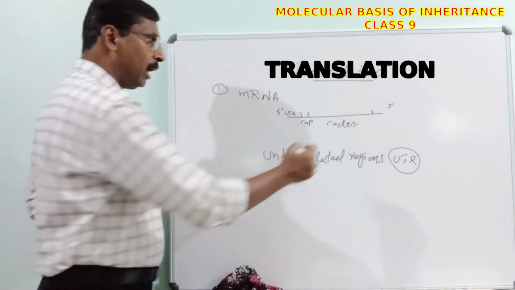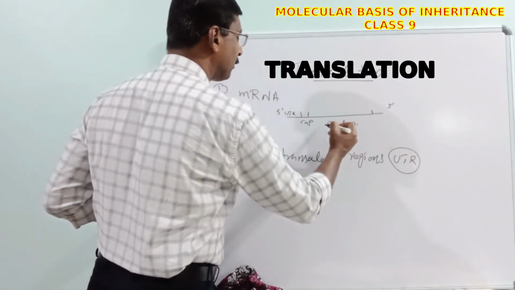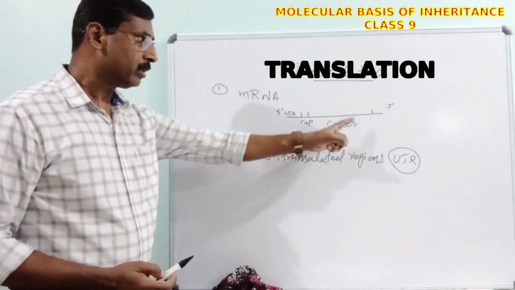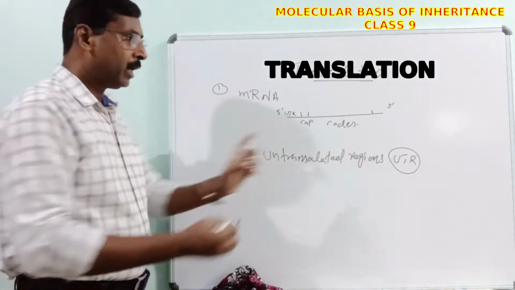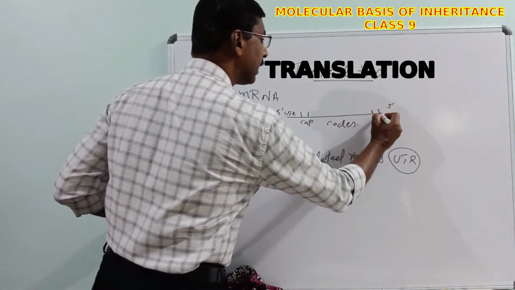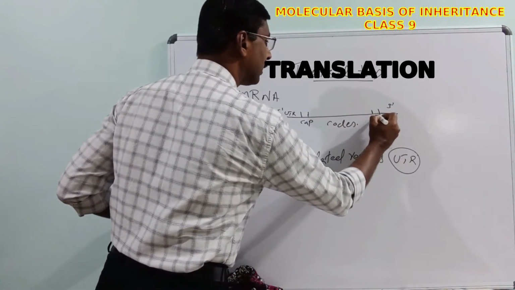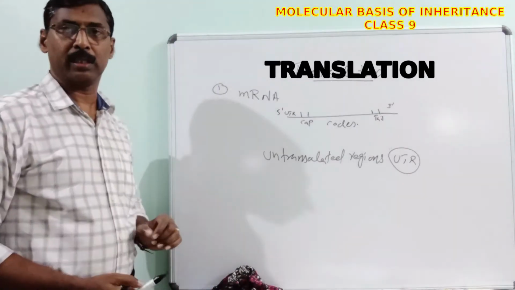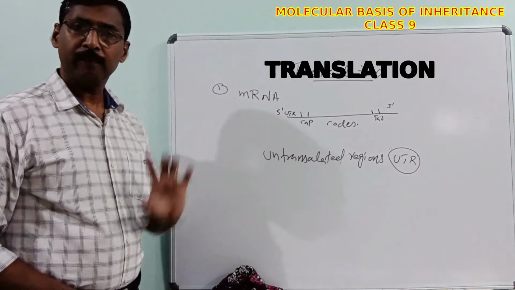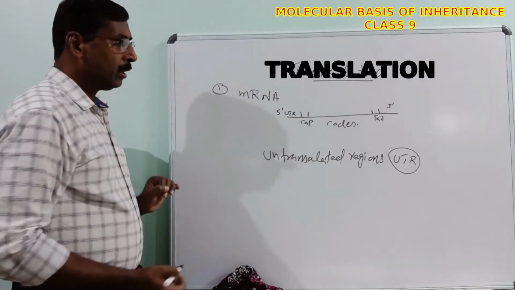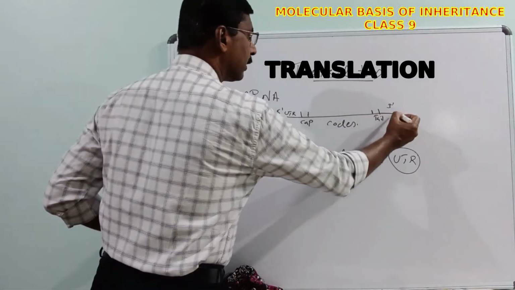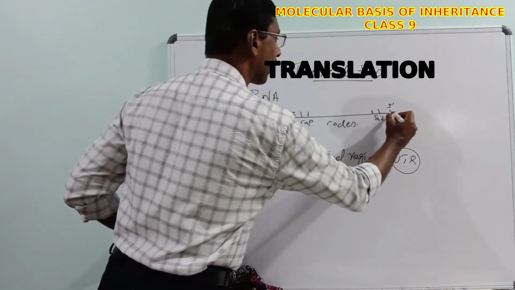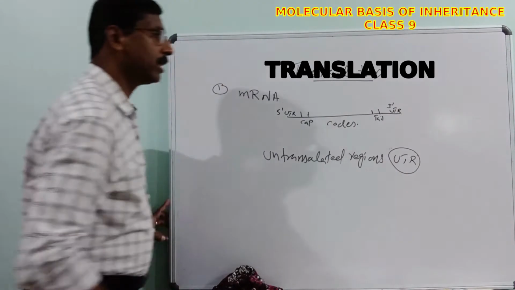And at the 3' end, after the genetic codes, the last codon is the stop codon. After the stop codon, there is a tail, that is the polyadenylate sequence. We had already seen that one. And after the polyadenylate sequence, again there is a short stretch of untranslated region.